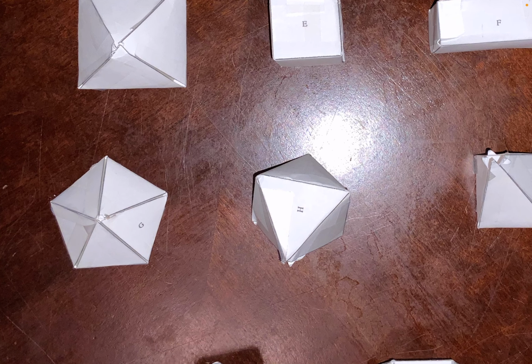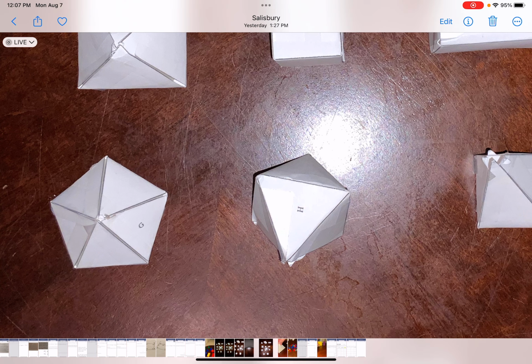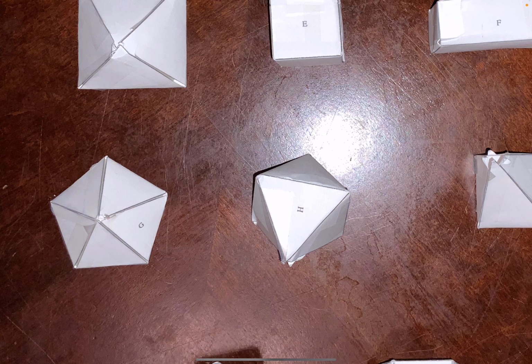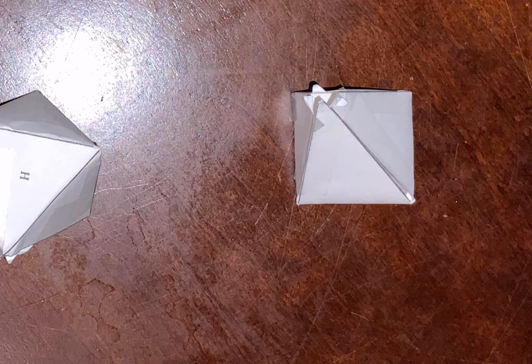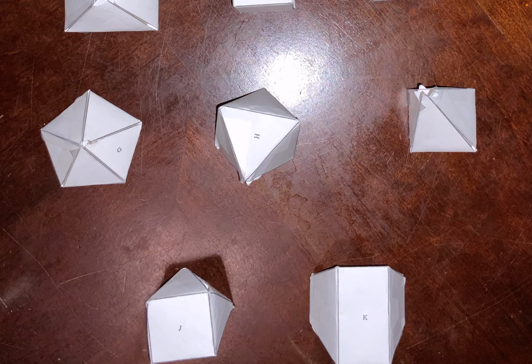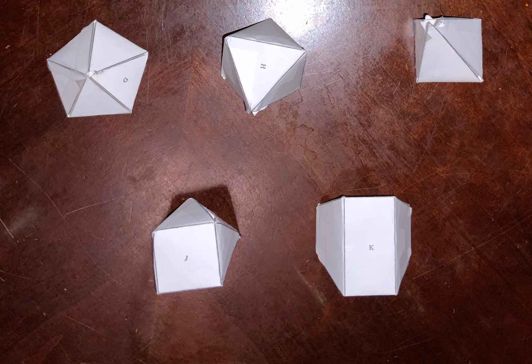G, those appear to be not equilateral because the bottom side is not as long as the top. So G would be on our list. So far D and G. And then H is your octahedron. So those are all equilateral. This one, I, definitely has triangles that are not equilateral. So that one would be on our list, so D, G, and I. J, those triangles are also shorter at the bottom than they are at the top.